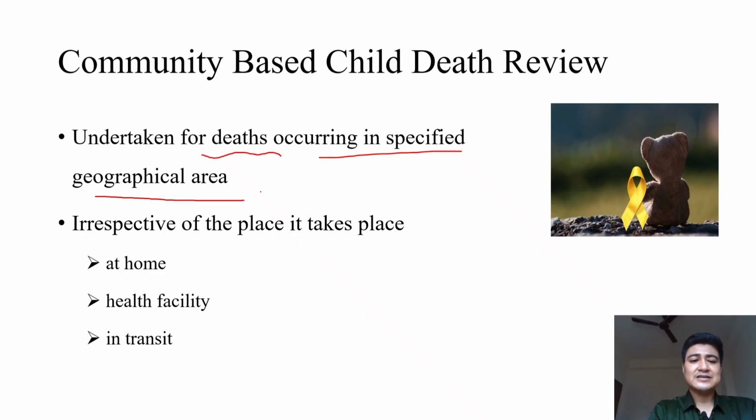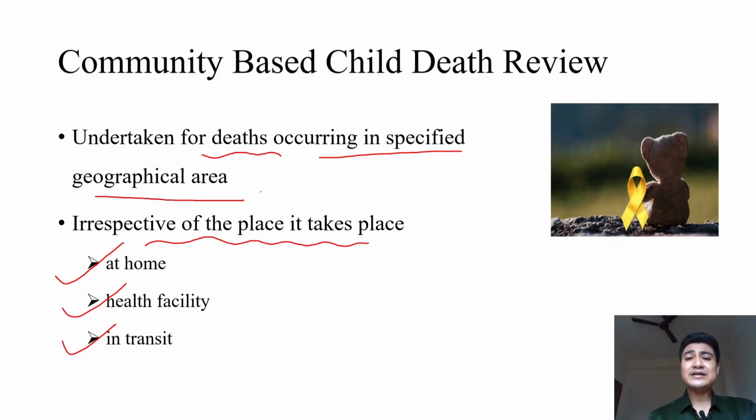The deaths which are considered for child death review are irrespective of the place where the child death happens. It may be at home, at a health facility, or in transit. So, a community-based child death review is done when a death of a child happens at home, health facility, or in transit.